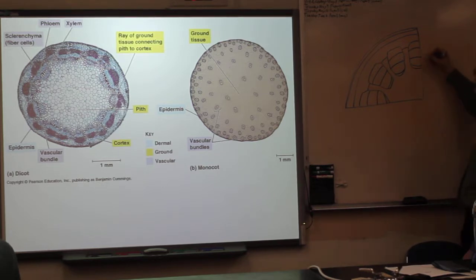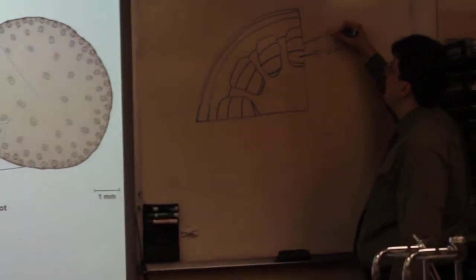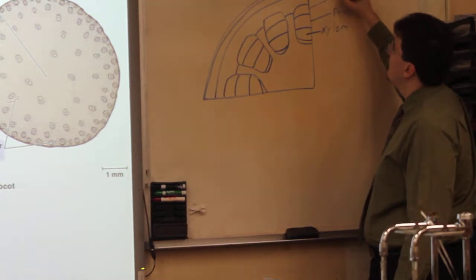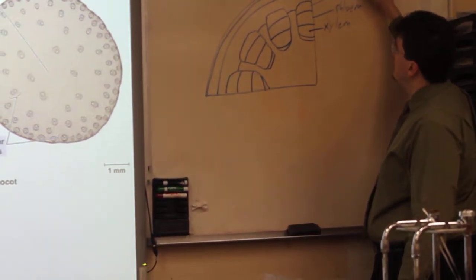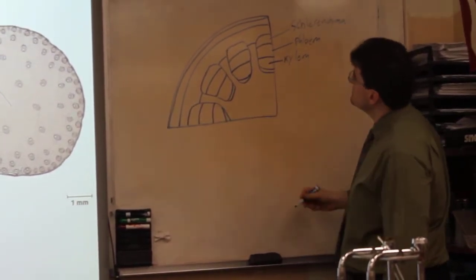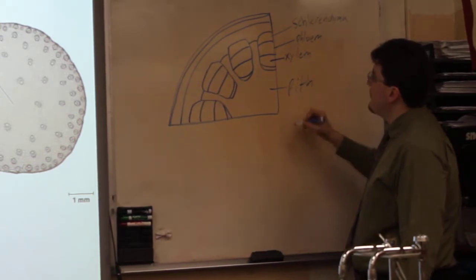And so we're going to label these: xylem, phloem, sclerenchyma, pith.